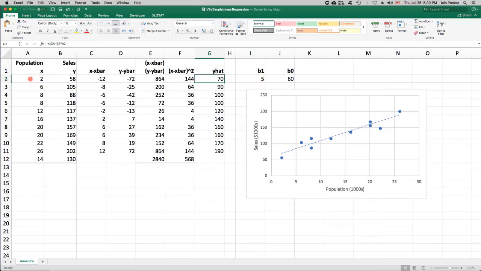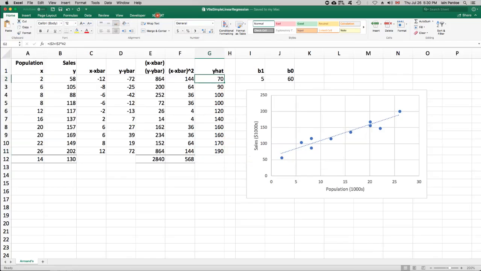That's the predicted value of y when x is 2. When x is 6, we get a prediction of 90, and so on. These are all the predictions from the model, and you can see those on the graph. Let's focus on this one, 70. When x is 2, the actual value of y was 58, but the predicted value of y from the model is right on the line at 70.